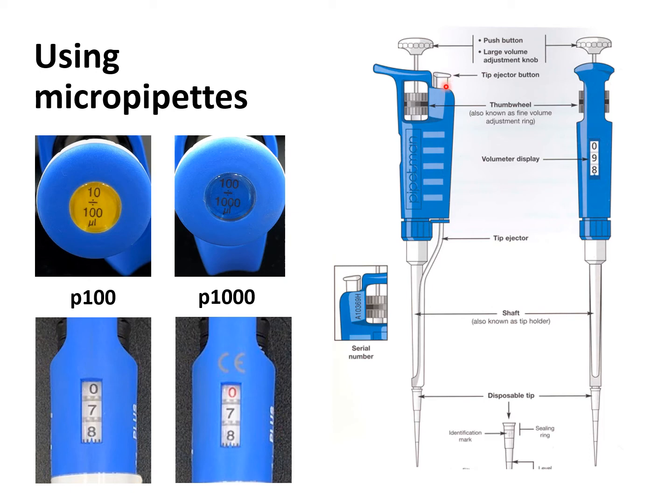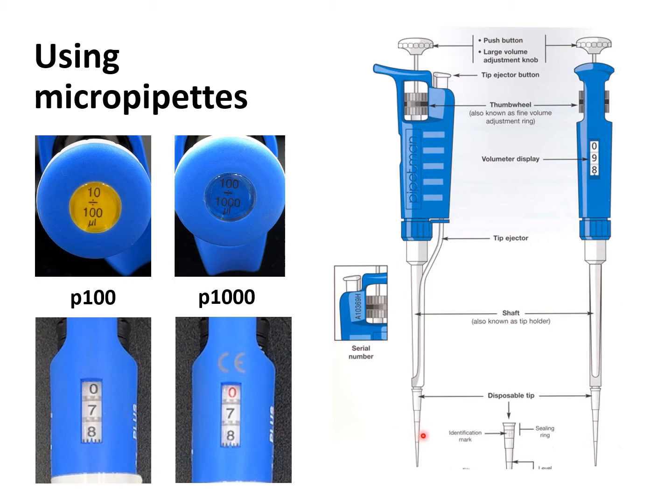Once you press down on that ejector button, the disposable tip is going to come off. So whenever you want to measure some fluid and you have two samples, never go into your two samples with the same tip.